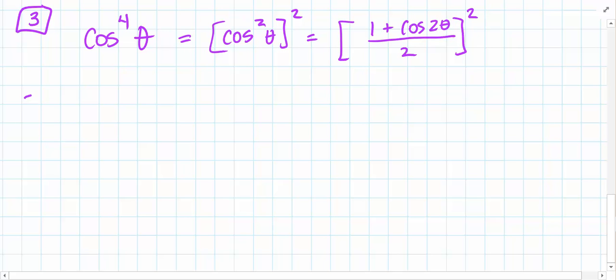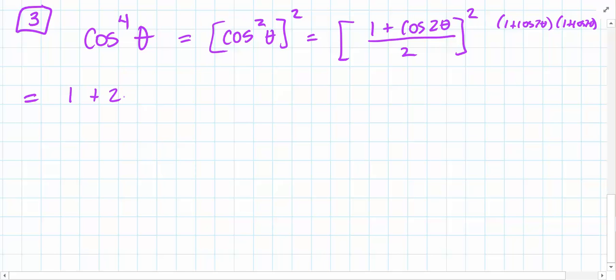Okay? That's going to give me on the top 1 plus cosine 2 theta, squared. So that's going to be like 1 plus cosine 2 theta times a 1 plus cosine 2 theta. So that's going to give me 1 plus, multiply the two pieces together, and then double it.